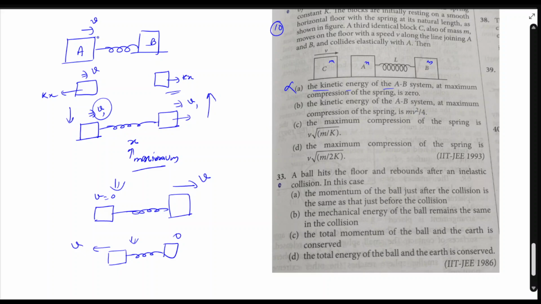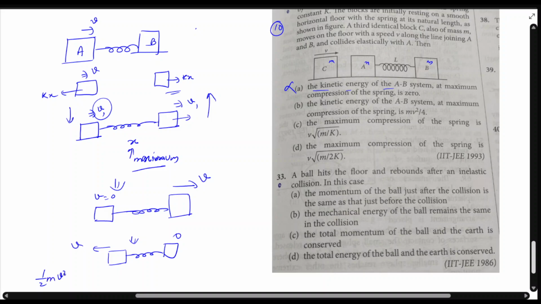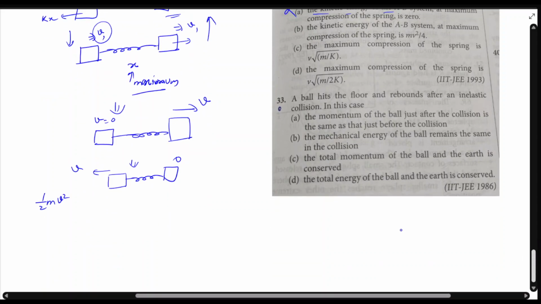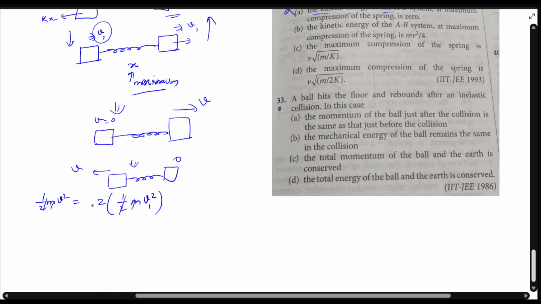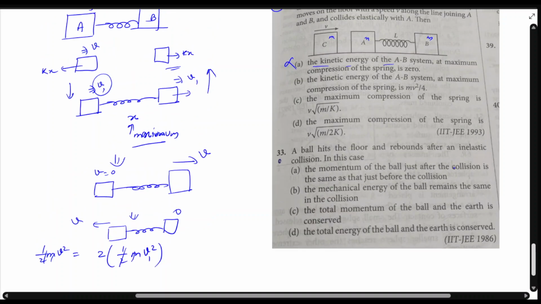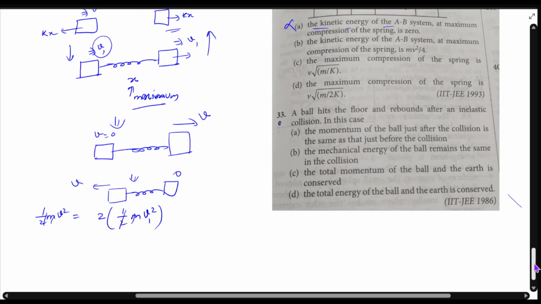Let's check. So initial energy is half mv square. So we'll use energy conservation. Initial energy is half mv square, right? And the final is 2 times half mv1 square. Okay. So this will get cancelled and it will be divided by 2. What we have to find at maximum compression, the kinetic energy of A and B system is mv square by 4.